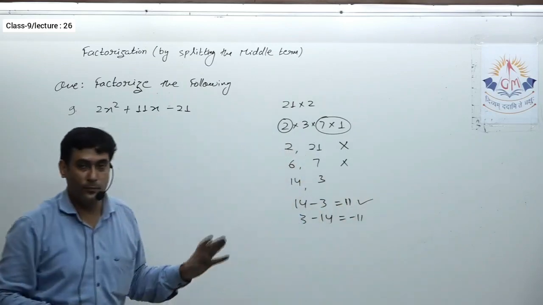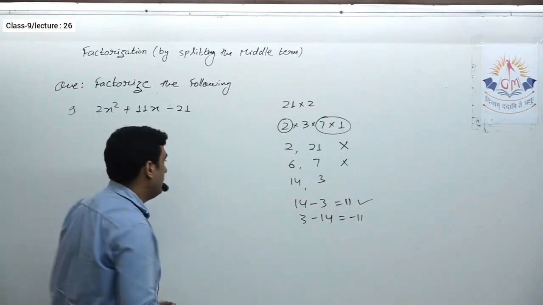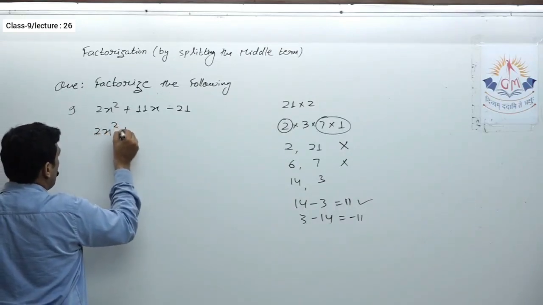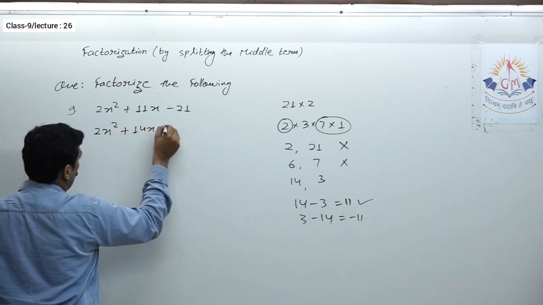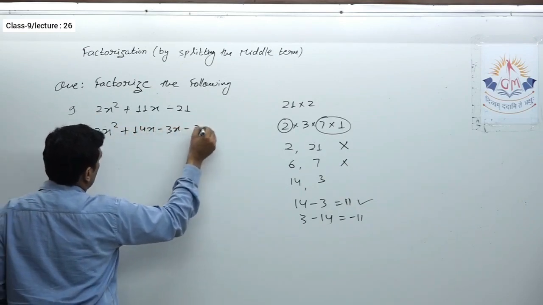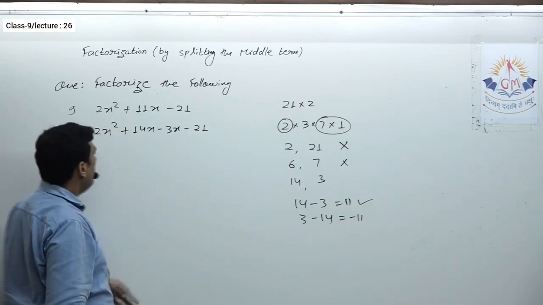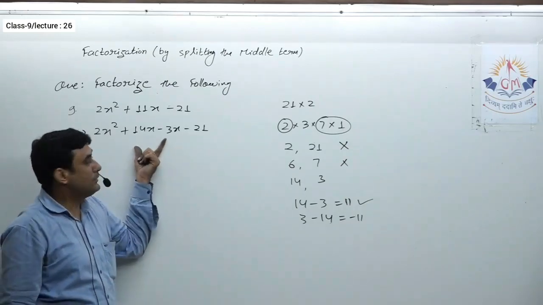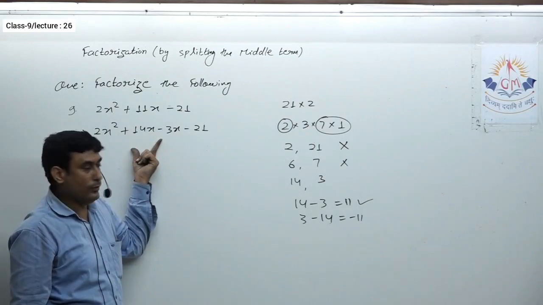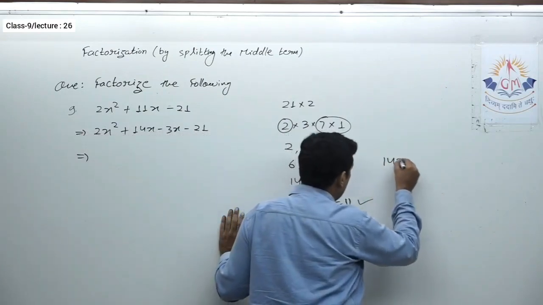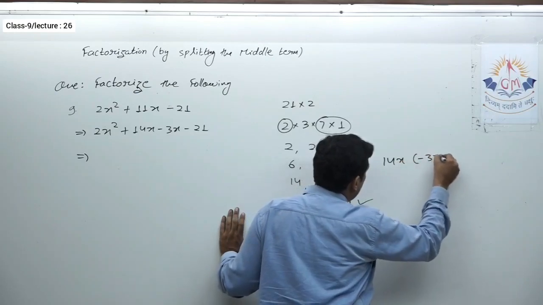14 minus 3. So here I write 2x square plus 14x minus 3x minus 21. Now again, do check whether the product of these two is the product of the first and last or not. So here I have 14x and minus 3x.